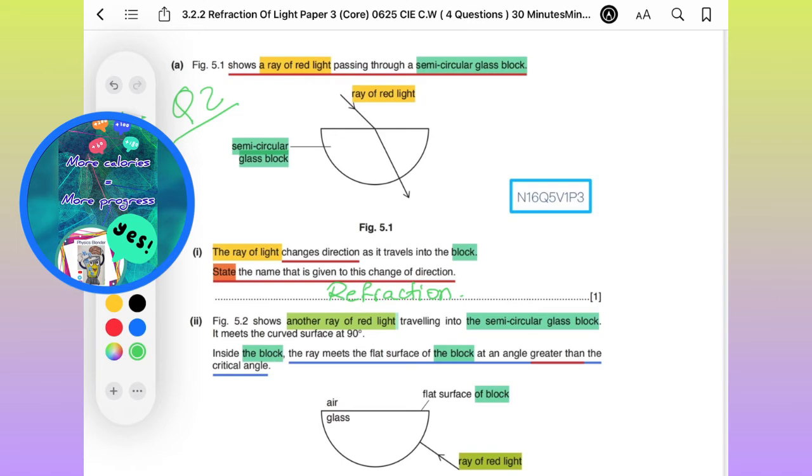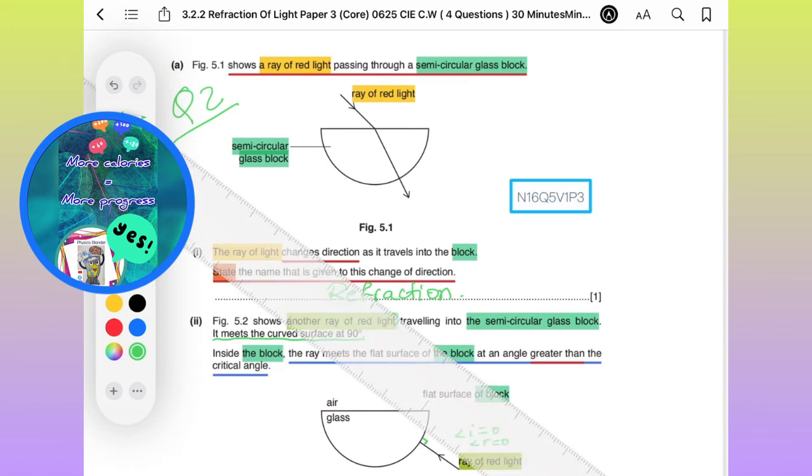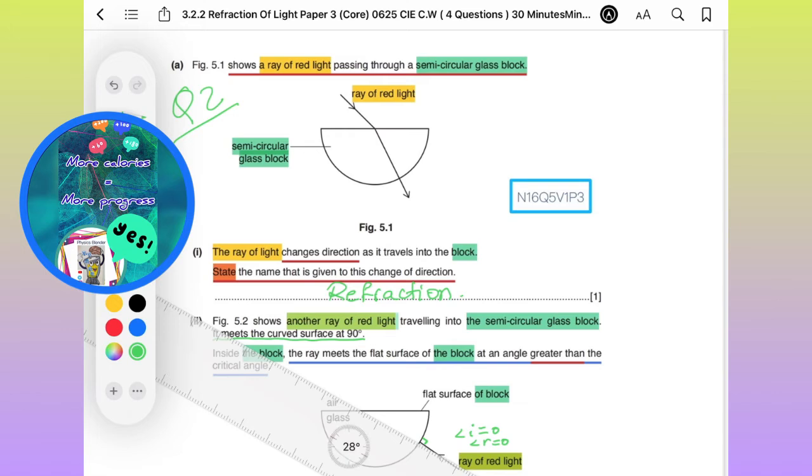Inside the block now, the ray meets the flat surface of the block at an angle greater than the critical angle. But here it's mentioned that it meets the curved surface at 90, which means angle of incidence is equal to 0 and angle of refraction is equal to 0, so it will continue in the same path without any change in direction. I told you before that this point is the center of the semicircular glass block, which means this line is a radius.